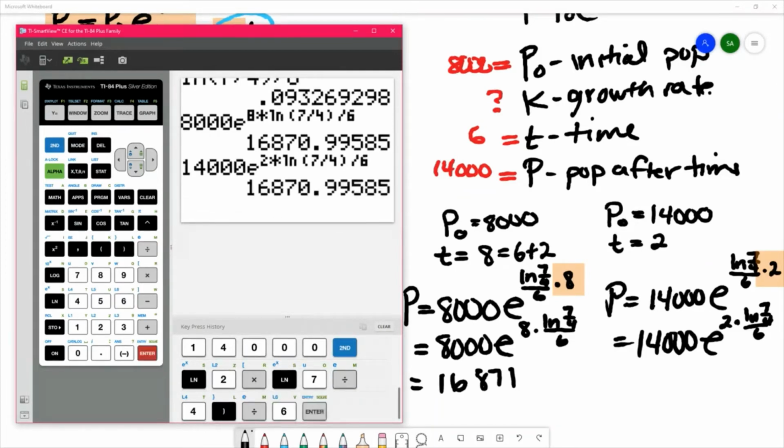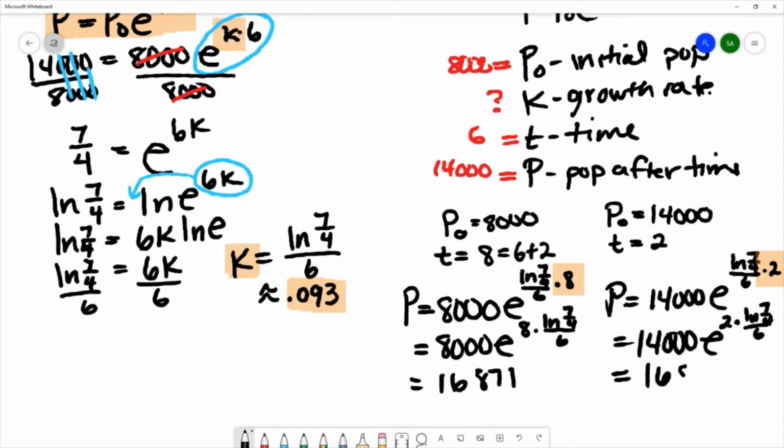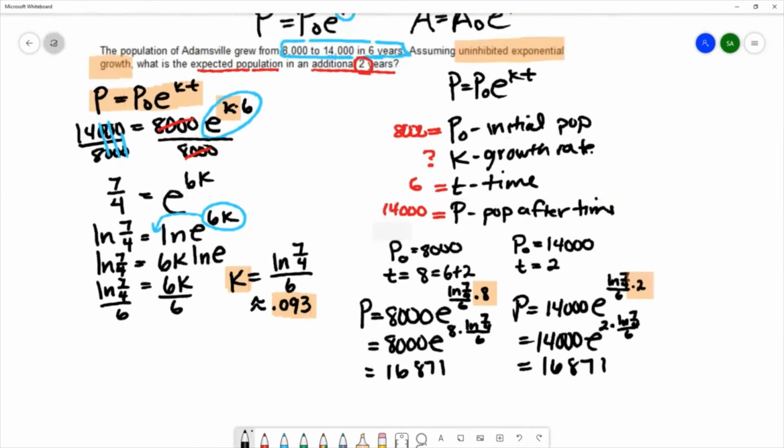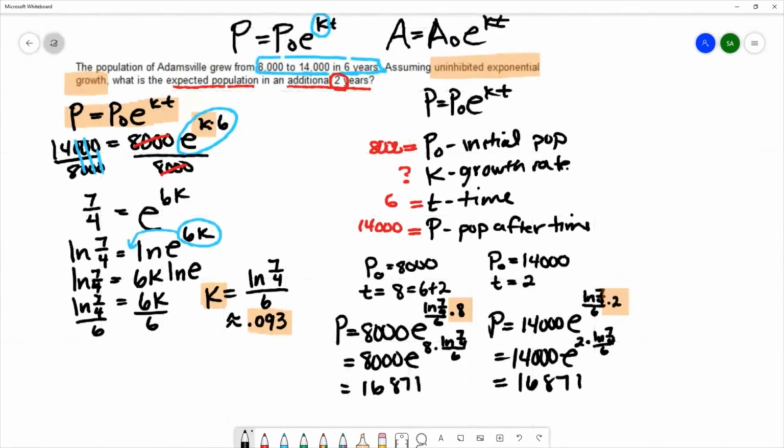And you can see we got the same value under both scenarios. All right, so we've answered the question. The expected population in an additional 2 years is 16,871.